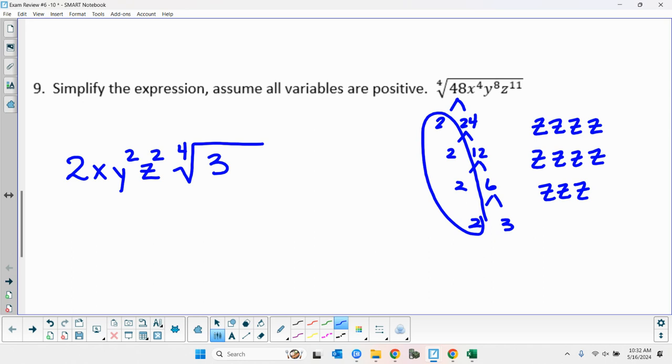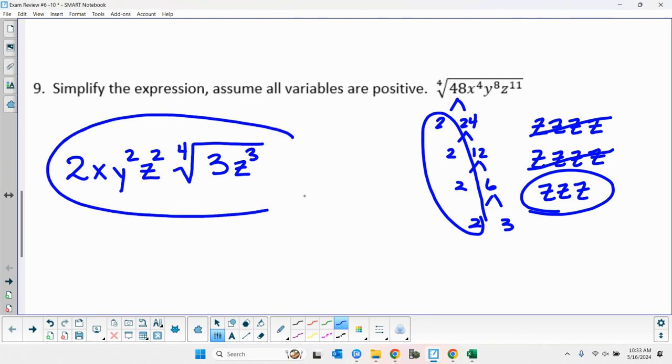Yeah, I've got these 3 left. This group gave me a z and this group gave me a z, so there's 2 there. So those 3 are left. They go back underneath, right? So this is z to the 3rd there. Questions? Is that making sense? Kenzie, you okay? All right.